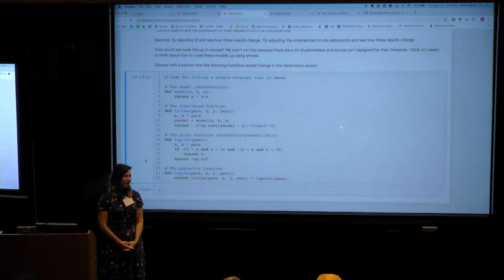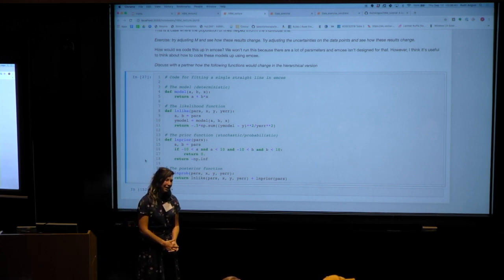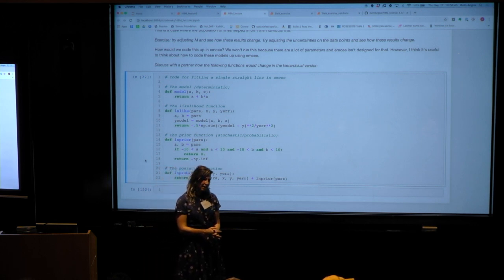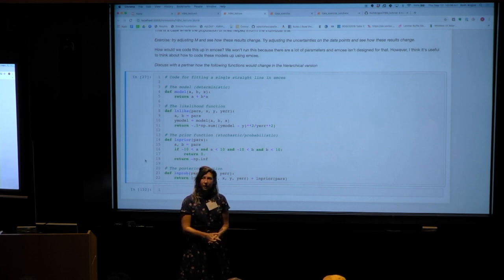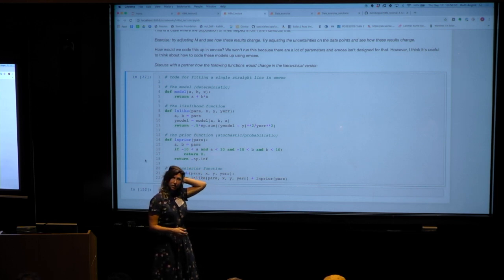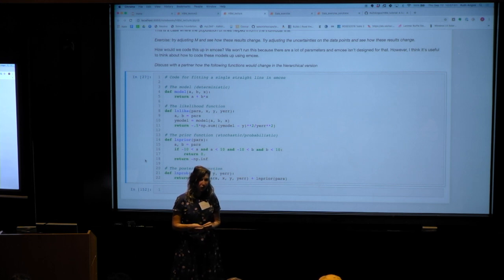Is there any rule of thumb, like how many data points are suitable for how many hierarchical hyperparameters? I think it's very dependent on the situation. I'm not sure that there's a rule of thumb for when it's okay to go hierarchical.